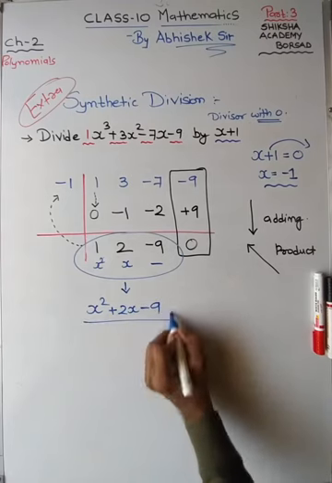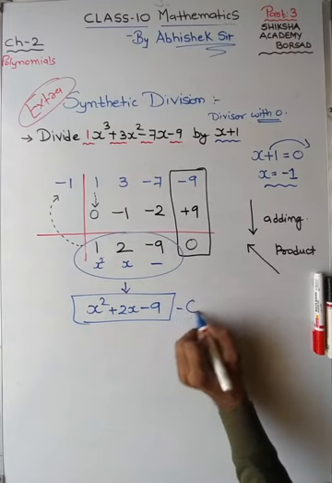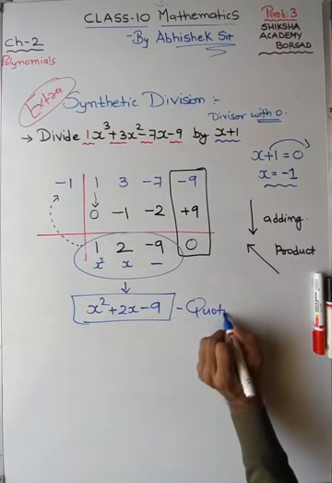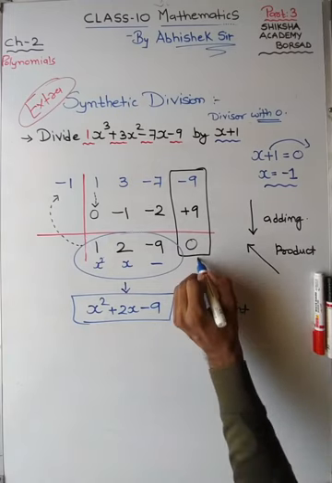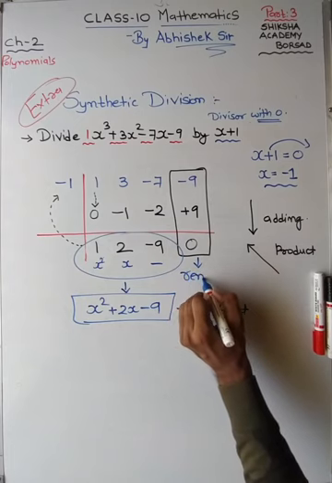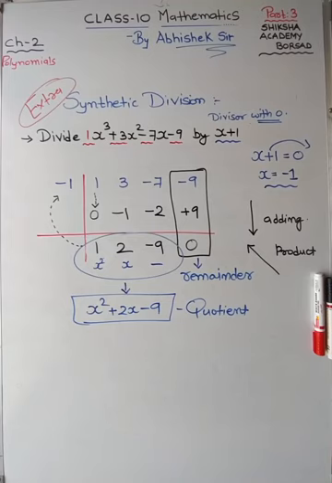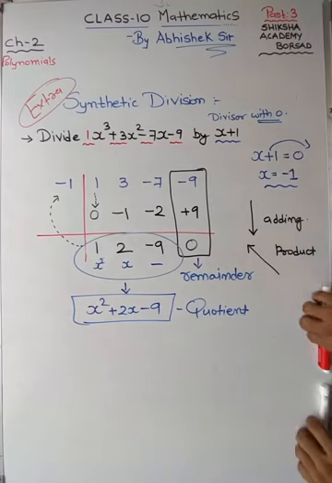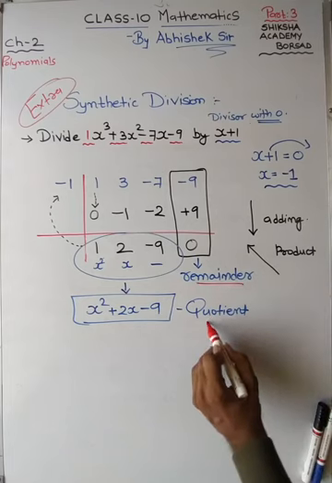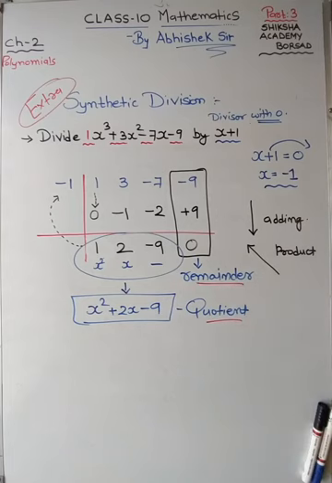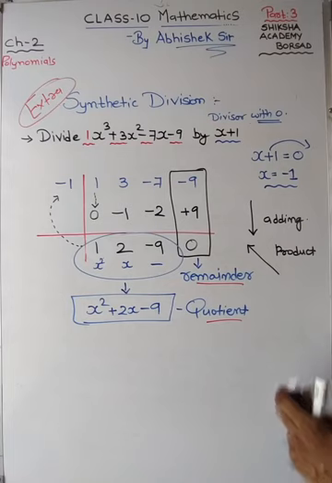So this is nothing but the quotient, and this is the remainder, right? So without doing any kind of actual division, we got to know about the quotient and the remainder. So that is why it is called synthetic division, right?